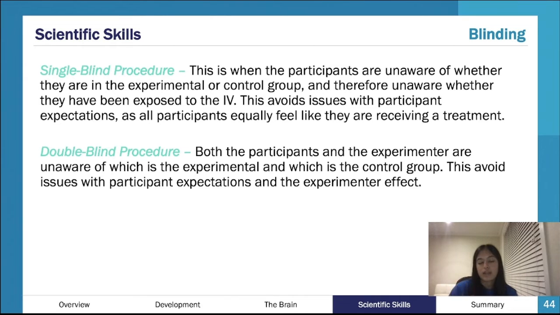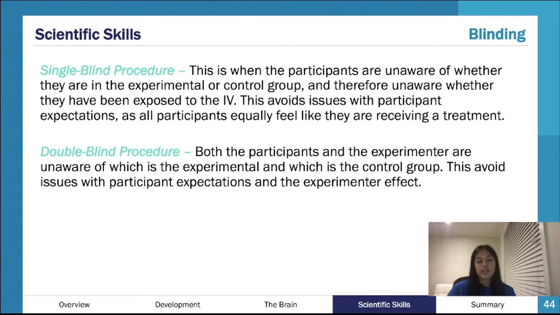Basically, all of these steps are random sampling, random allocation, your independent groups design or your matched participants design, your counterbalancing. You're wanting to avoid anything influencing the results that you don't want to. So if you're testing a drug, you want to figure out how this drug is improving memory, right?